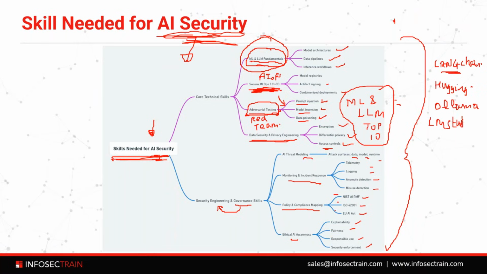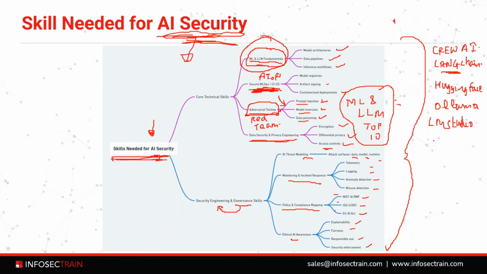LM Studio is connected to Hugging Face, where you can download models from Hugging Face locally, right? For your agentic AI, you need to know LangGraph, Crew AI. These are some of the skills that you need.